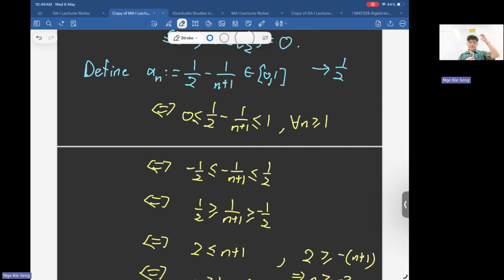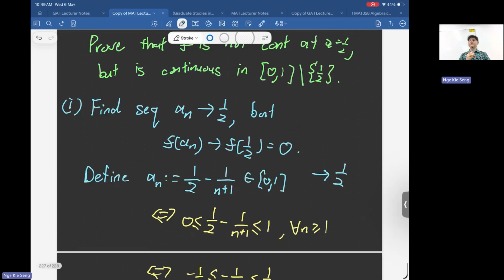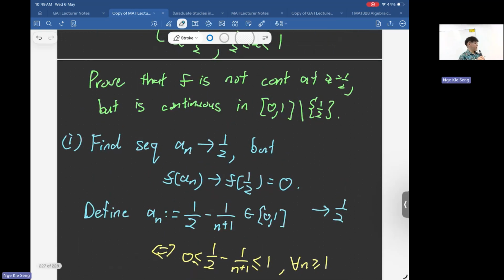Okay. In that case, for continuity, maybe we leave it for next time. Okay, does it make sense for now?